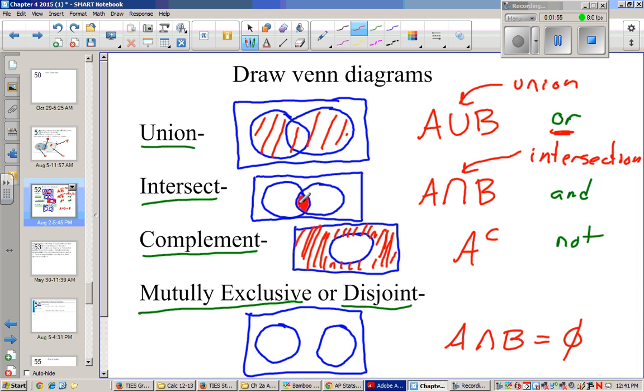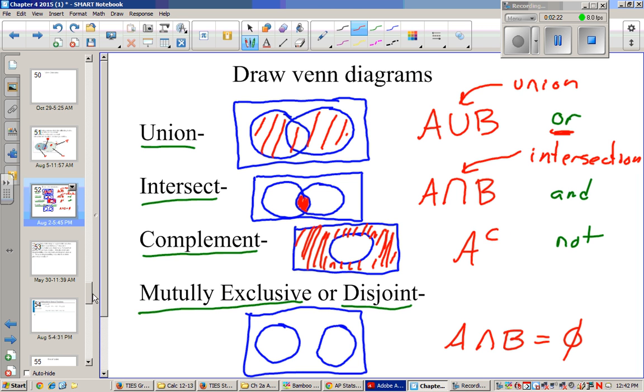The intersection is that it's in both categories, so A and B, and this is an upside down U. Some people say it's like you're spelling and, but there's a B instead of a D, I guess. And then there's complement, which is the outside, and we've talked about a complement. That's come up a couple times where it's saying not set A.